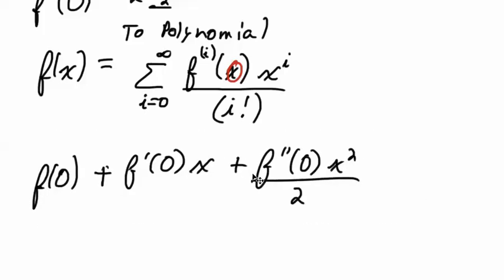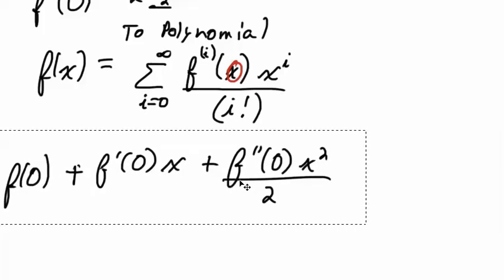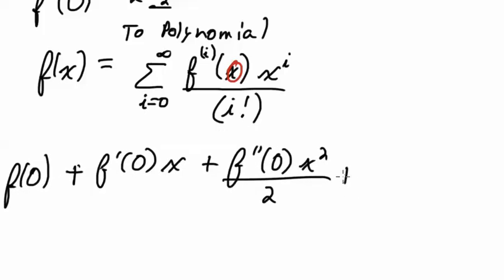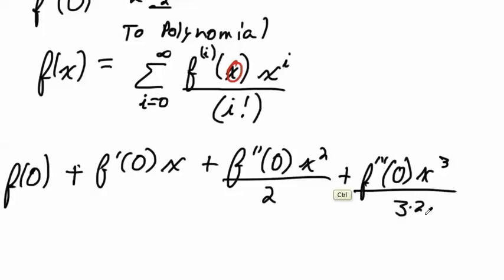I'm going to scoot that over and continue, plus f triple prime of 0 times x cubed over 3 times 2, or 3 factorial. So you can see the pattern continues along that way, plus dot dot dot.